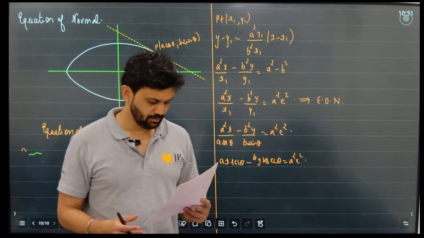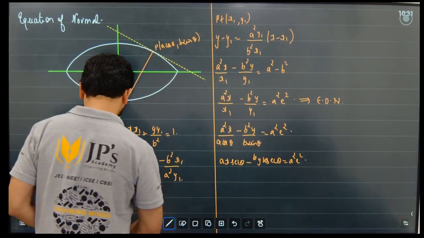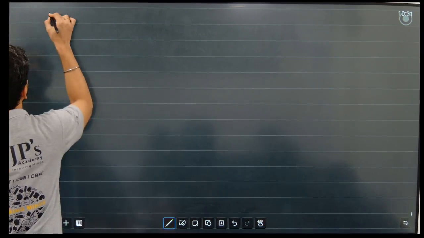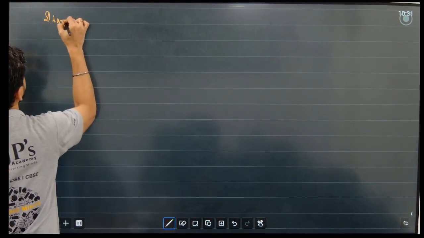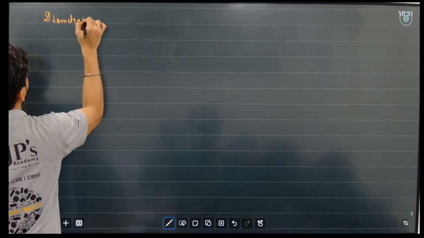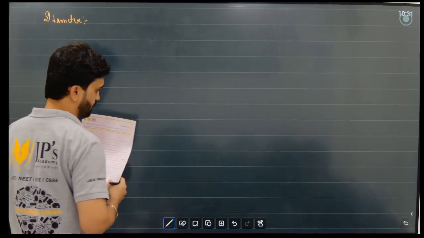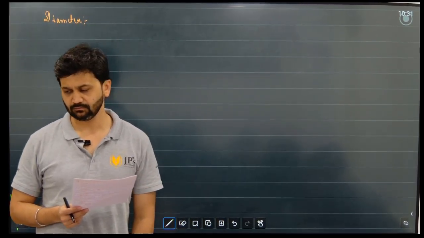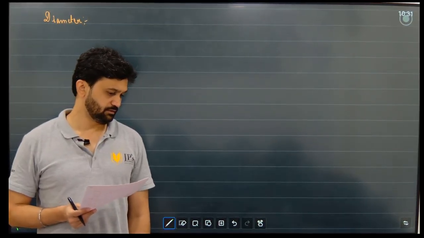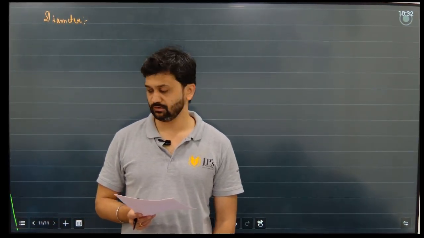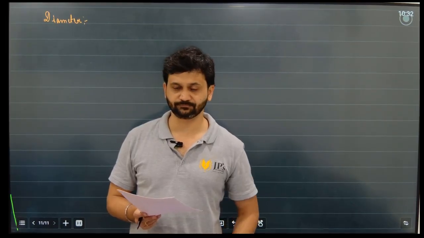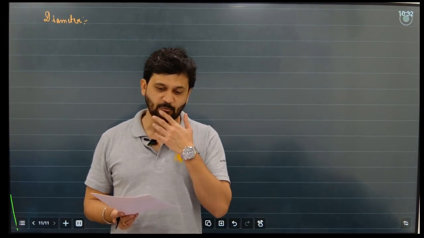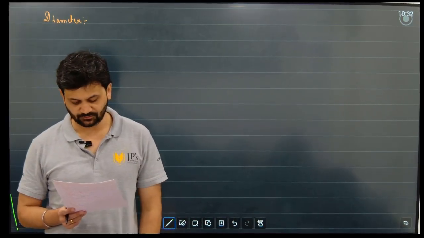Okay, now last point, diameter. It is the locus of midpoint of parallel chords.